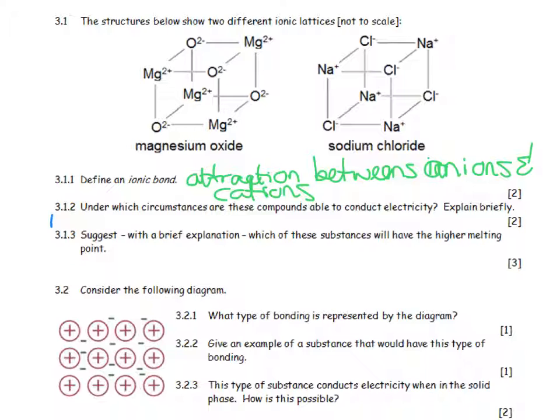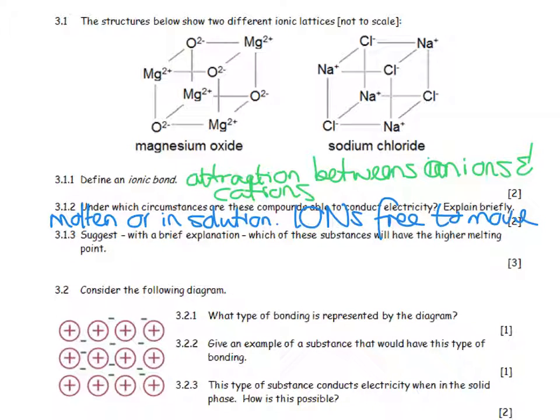It is when they are molten or melted or in solution. Why? Because the ions are free to move, not the electrons. The electrons are still bound in the ions. Ionic substances conduct electricity by ions, not by electrons.